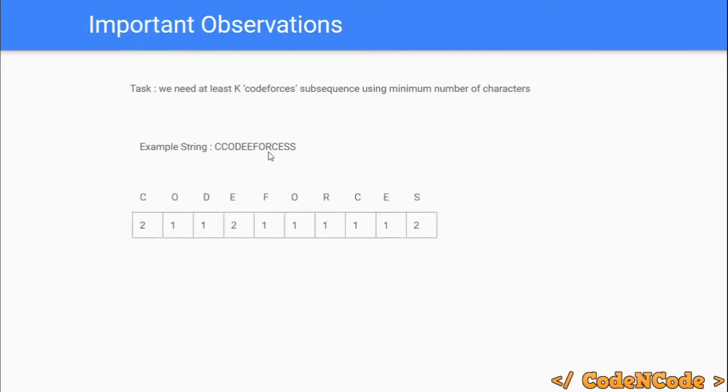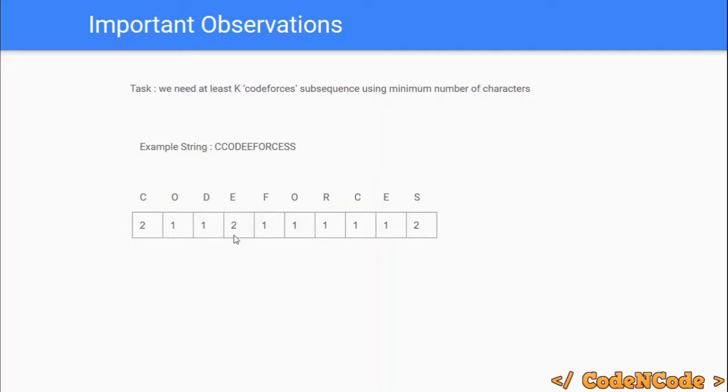So let's see how many codeforces subsequences we can form. C is being used 2 times, so I have 2 possibilities to choose the first C in codeforces. Now for O there is only one possibility, for D there is one possibility, for E there are 2 possibilities to choose from. As you can see there are 2 E's, so for E in code I have 2 choices.